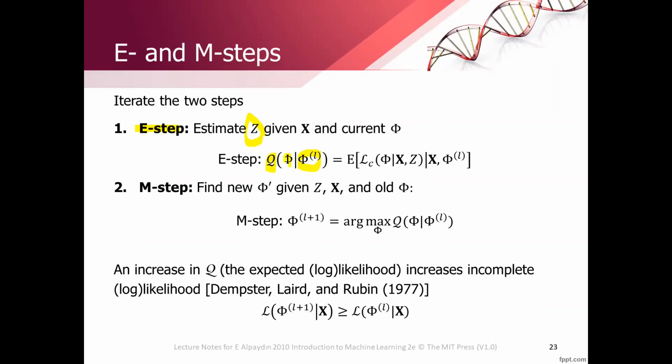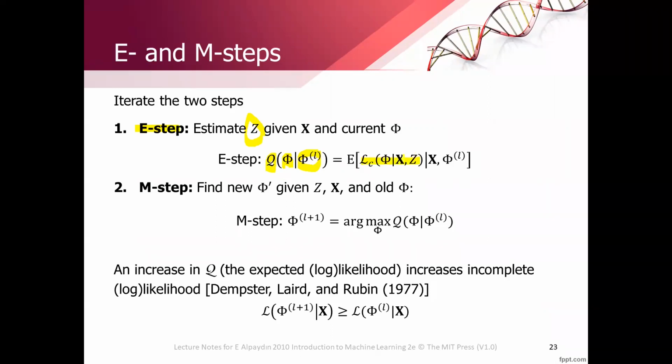And this is the desired or unknown set of parameters, capital Phi, and we compute this as an expected value of the likelihood.